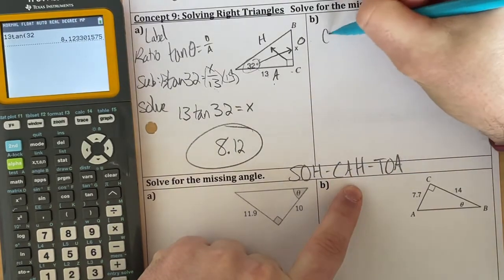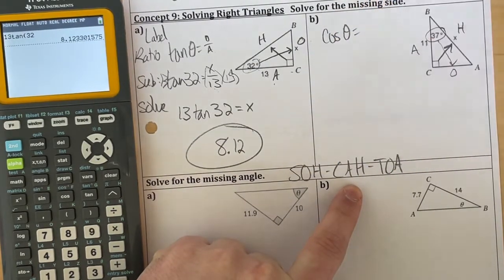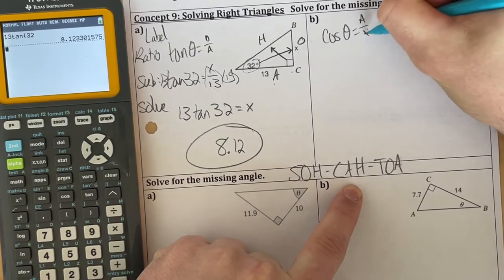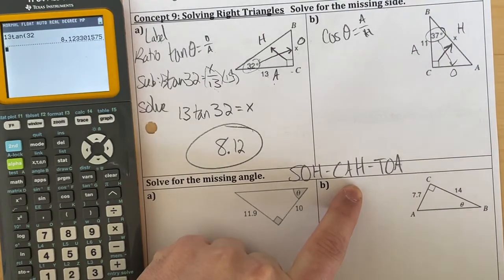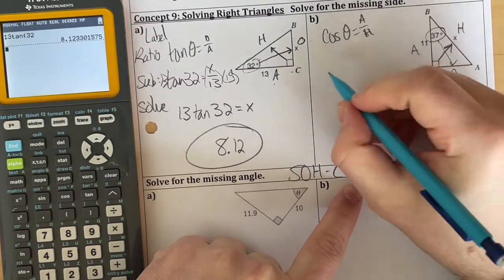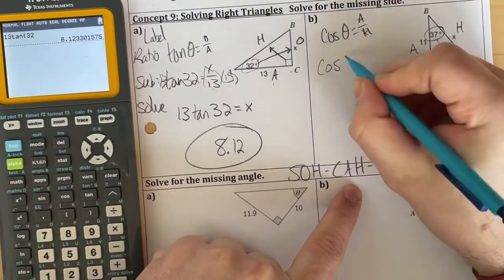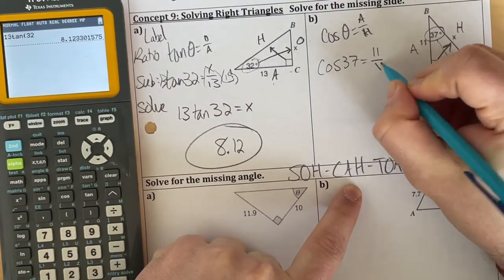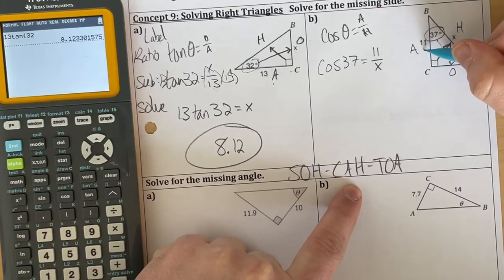So I say cosine of theta is equal to adjacent over hypotenuse. Substitute in our values for our variables. So we have cosine of 37 is equal to 11 over x. Again, A is 11 and x is H.